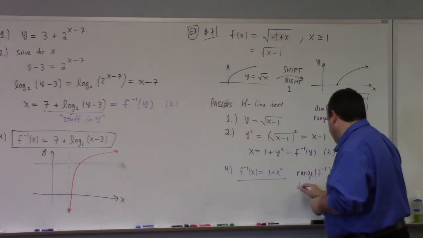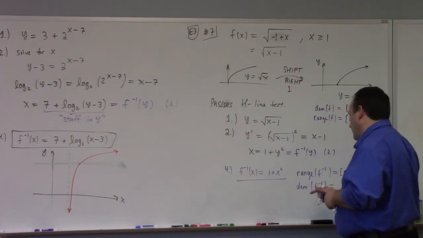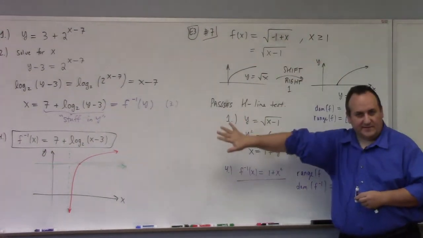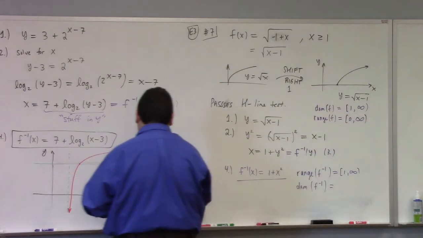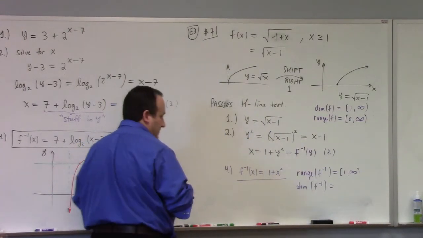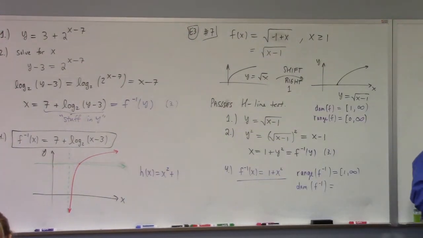And the domain, here's where you've got to be careful. If I cover up everything else and just say h of x equals x squared plus 1, what's the domain of that function? I hope you would tell me it's all real numbers.